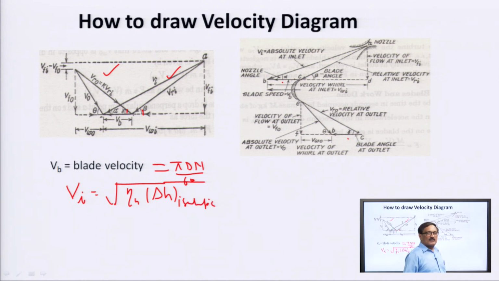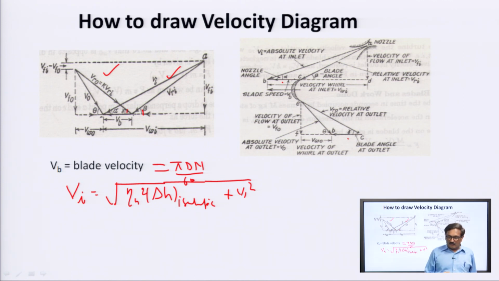From here we can find the velocity at the exit of the nozzle, and if a certain inlet velocity to the nozzle is given, then V 1 square will be 2 into delta H. From here we can find out the velocity. So, V I is known, V B is known.